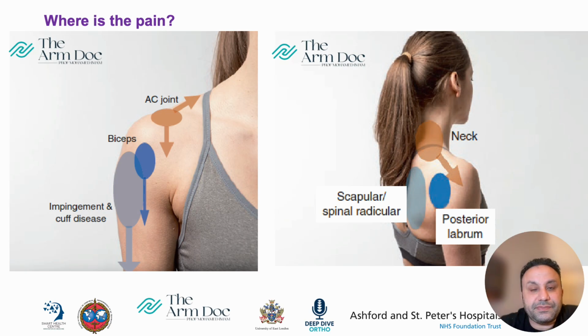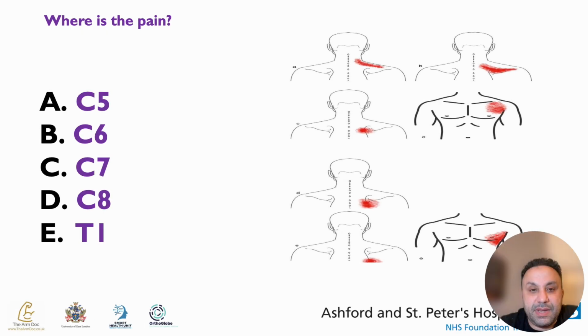The first question I ask the patient is, where is the pain? Because as you can see in this picture, it can give you crucial and very important information about what's happening. And always, always, always don't forget the neck, because the pain might be referred from the spine.